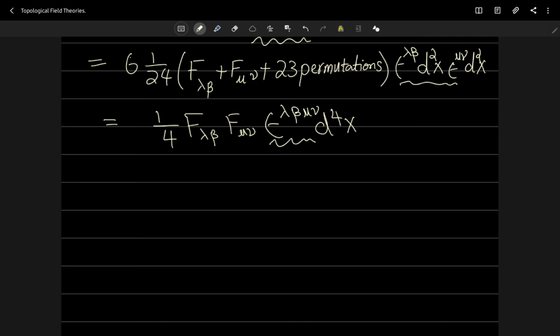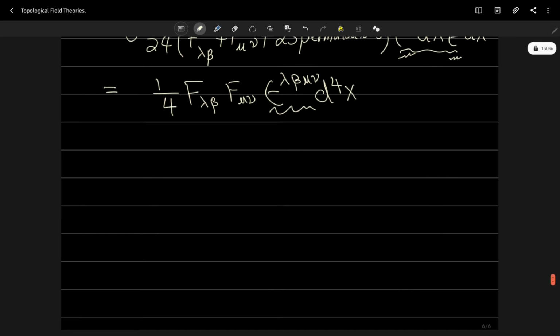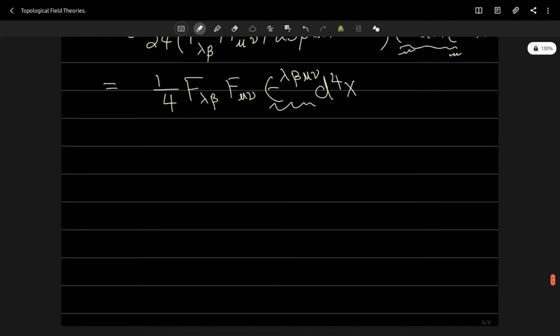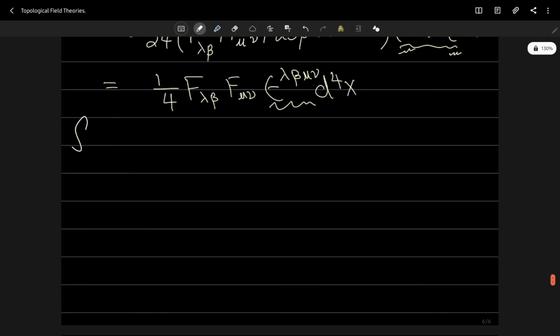So in general, your epsilon lambda beta mu nu is not equal to epsilon lambda beta times epsilon mu nu. Okay, so from this, recall again that your overall action was the electromagnetic action plus this 4-degree form, right?